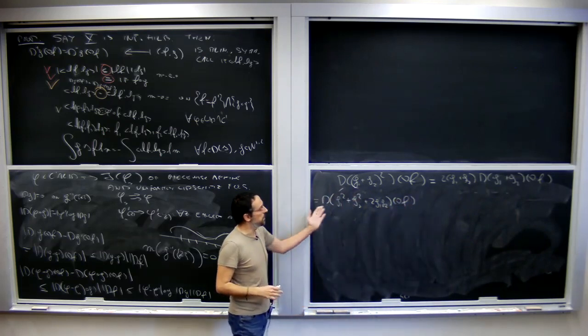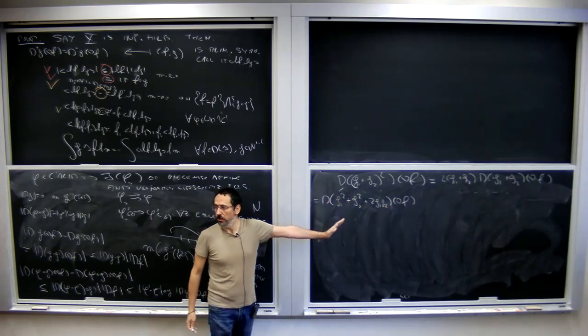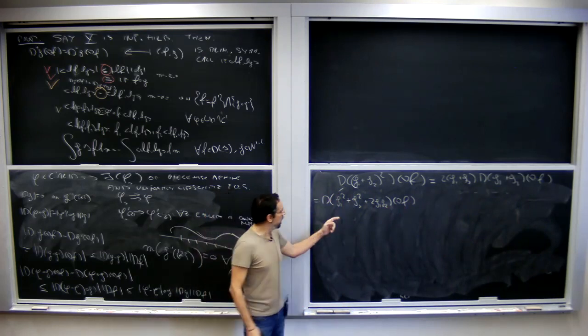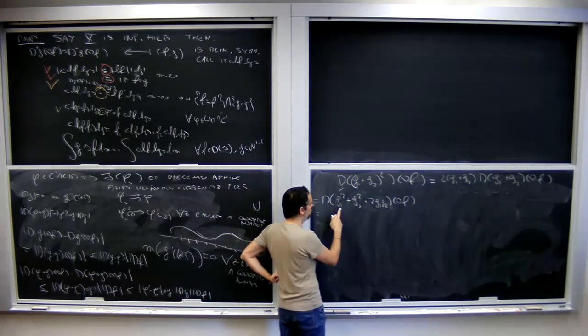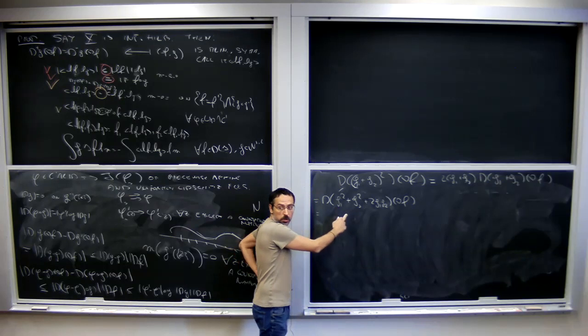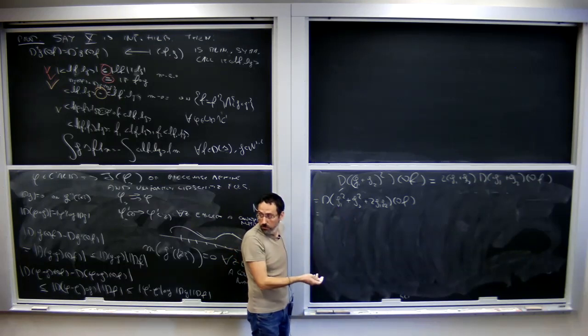In both cases I use the linearity of the differential, and for g1 squared and g2 squared I apply the chain rule.